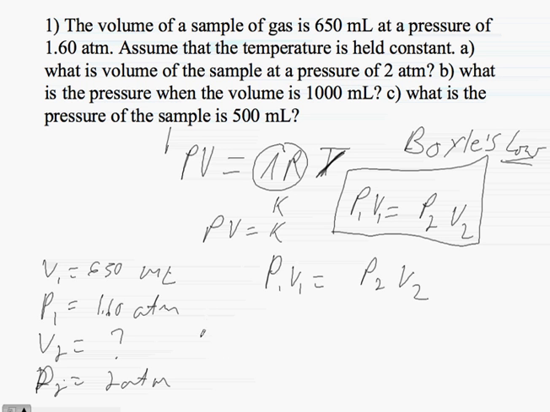I simply plug the information back into the equation, or since I'm solving for V2, I can solve for V2, which would tell me that V2 is equal to P1 V1 over P2, and then substitute the quantities back into the equation, which P1 is equal to 1.6 atmosphere times V1, which is equal to 650 milliliters, divided by my P2, which is 2 atmospheres.